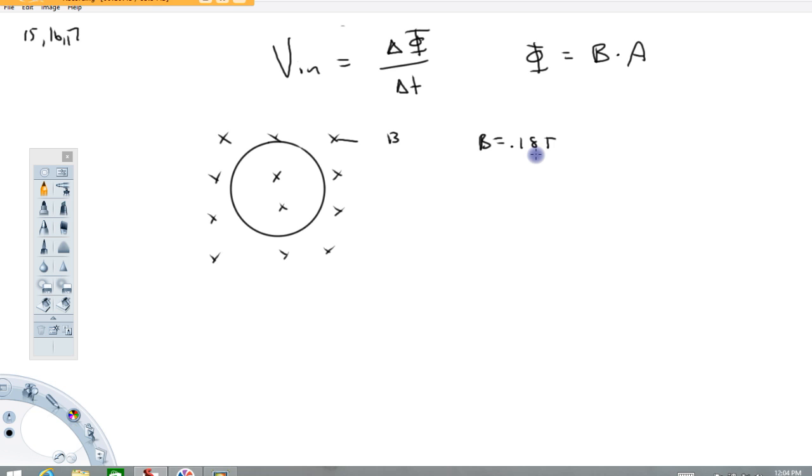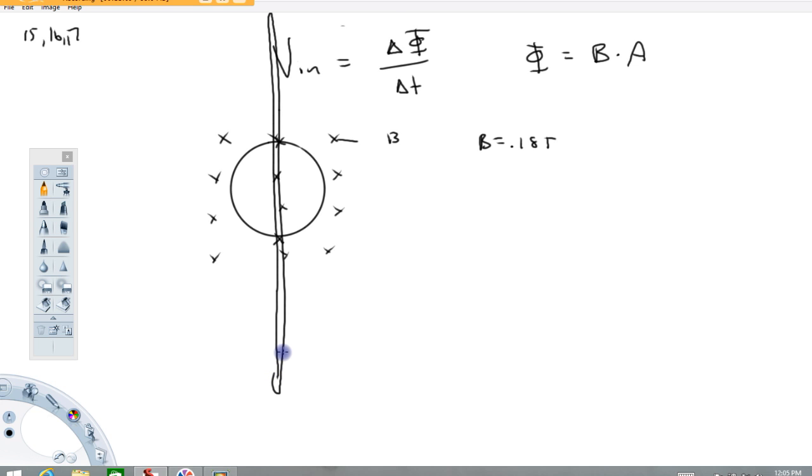All right, then it says somebody grabs the loop at A and B, and they pull on it until the area is nearly zero. So imagine they grab this and pull on it until it's really long and thin, like this, but it has almost no area. So if it doesn't have any area, it's not going to have any flux.